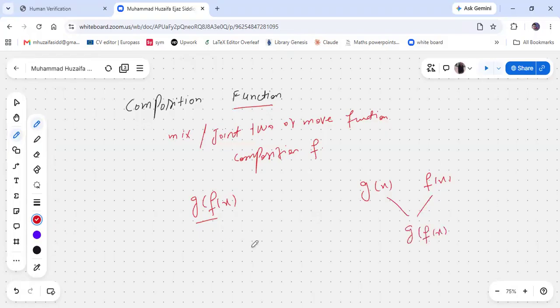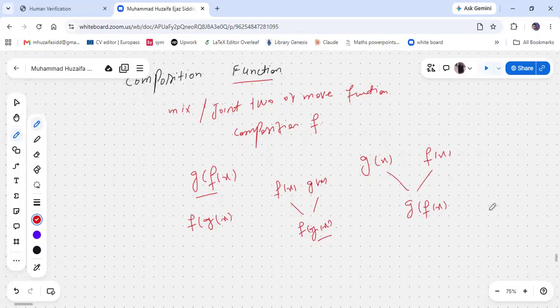Same for f of g of x. So for f of x and g of x, we can also construct f of g of x. Here we replace the values of g with respect to f. Okay, so this is called the composition of the functions.